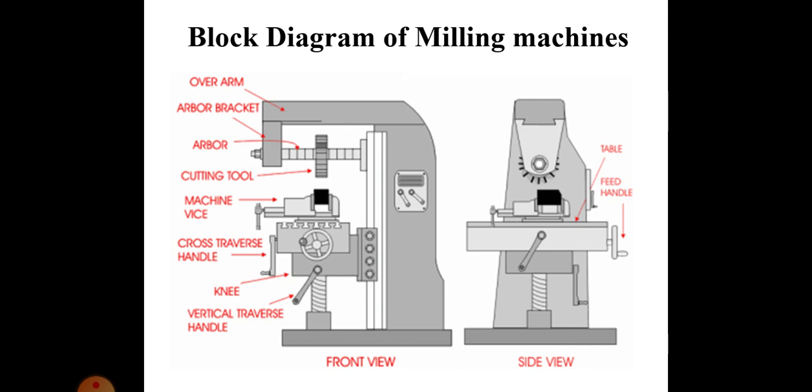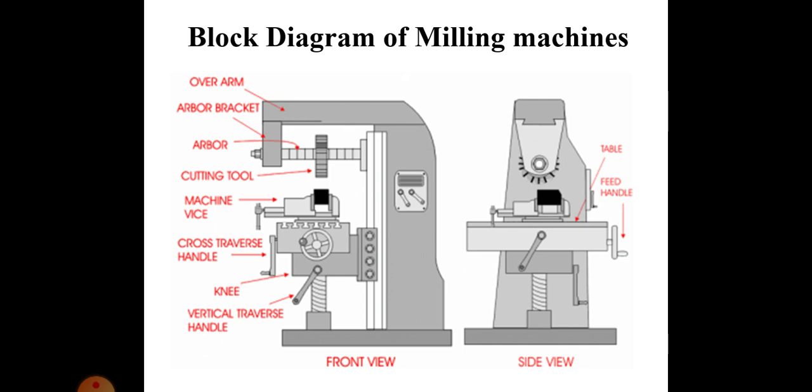Here in the milling machine, the cutting tool is called a cutter. This cutter rotates at high speed and the workpiece is held against it. The rotary cutter has multi-point cutting edges which remove metal at a very fast rate. Earlier machine tools, like the lathe machine, drilling machine, and shaper machine, have single point cutting tools.